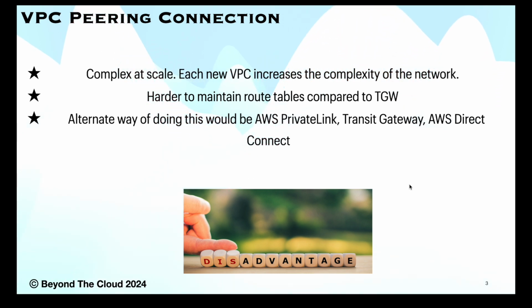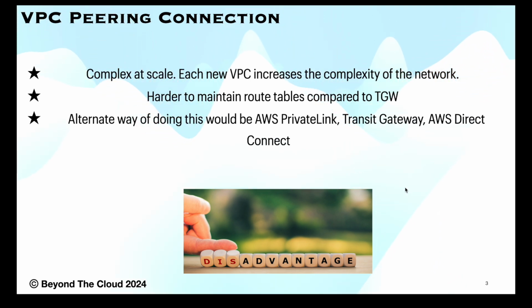Next, VPC peering connection is okay, but there are also a couple of disadvantages. Think of it as an organization. If you have a large number of VPCs and a large number of AWS accounts, and you need to connect to all of those accounts one by one, then VPC peering connection will be very complex.